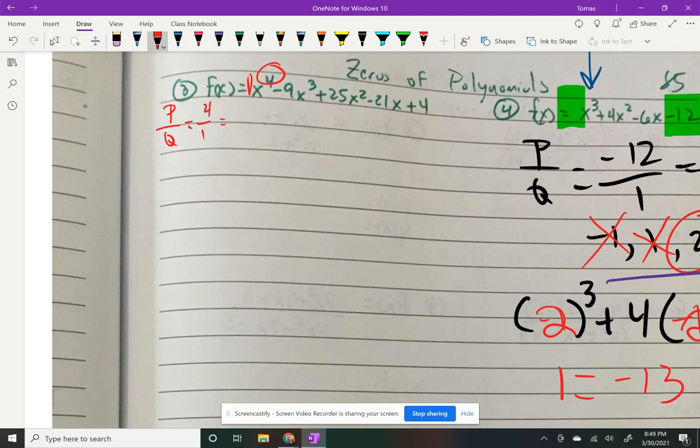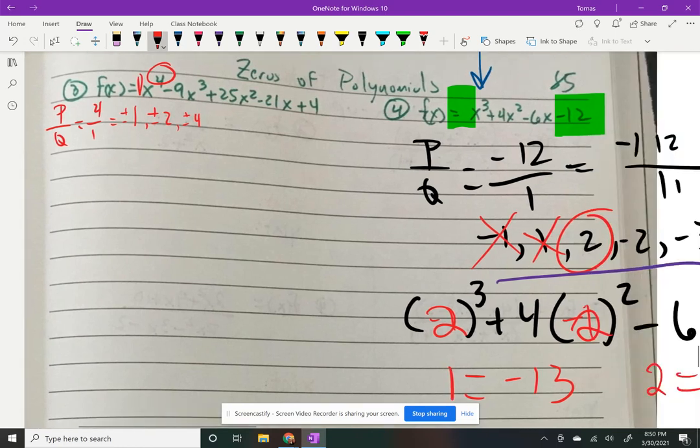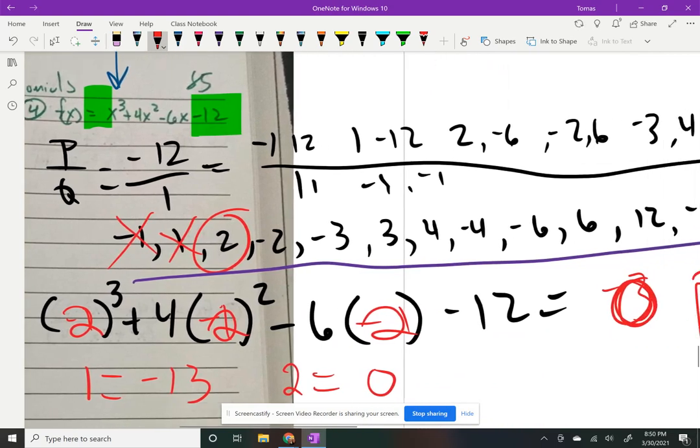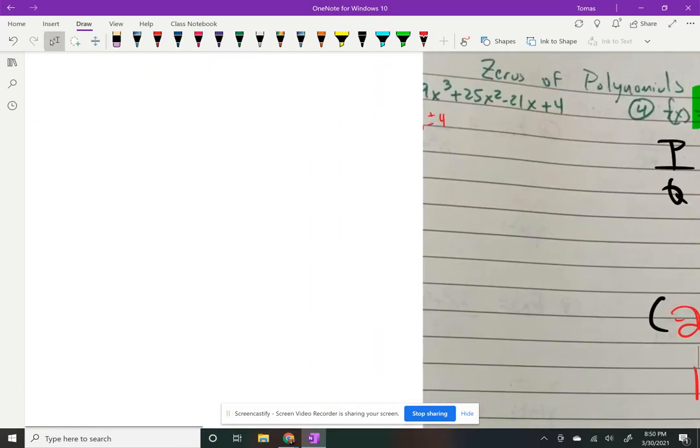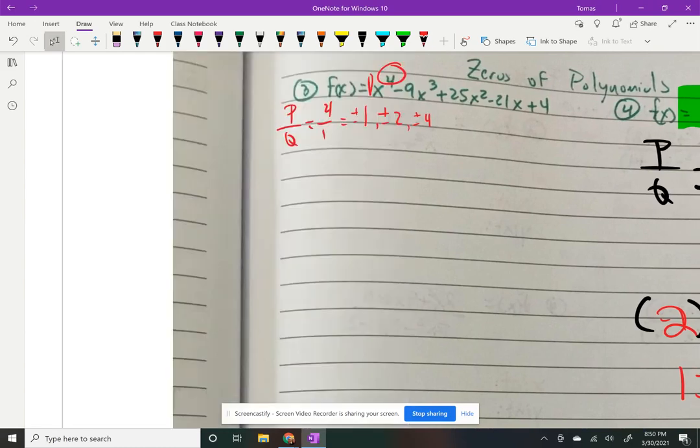So we're not going to have too many factors. We're going to have plus and minus 1, plus and minus 2, and plus and minus 4. So we only have 6 possible numbers we're testing, as opposed to like 12 over here, where we had, I don't know, how many numbers did we test, 2, 4, 6, 8, 10, 12 numbers, right? Here we only have 6 that we test.